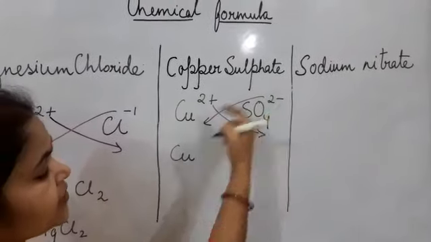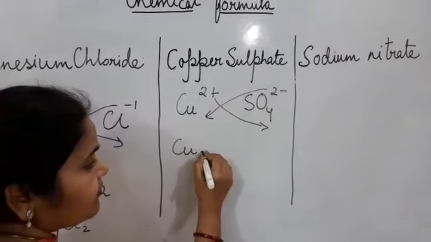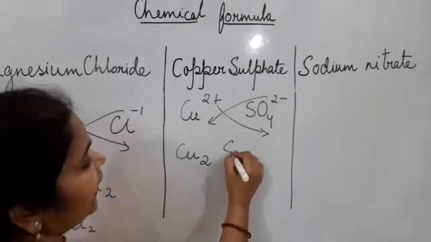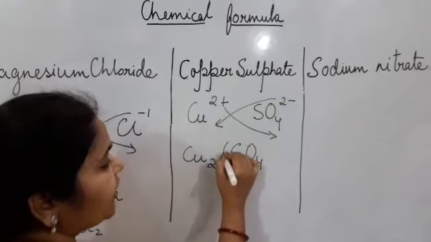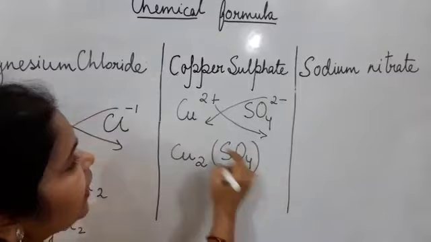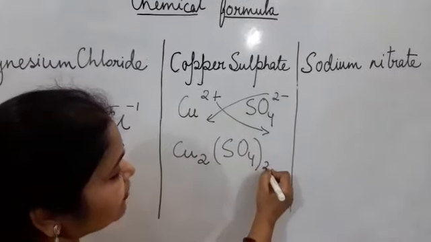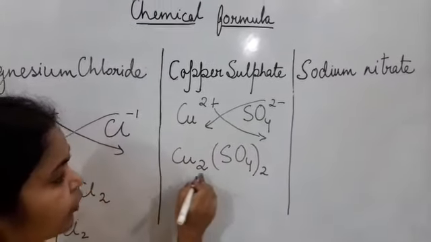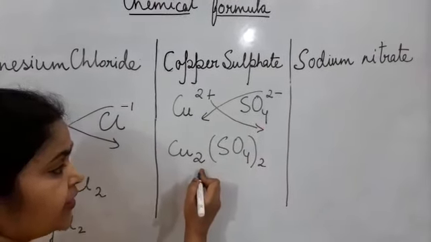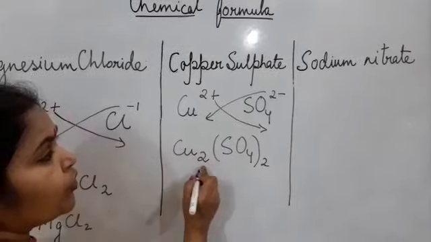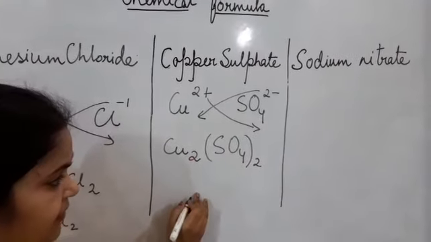Cu, this 2 will come over here. And SO4 radical we write in bracket and this 2, that is plus 2, comes over here. Note, while we change the valency to a subscript, we do not write down the plus and the minus sign.